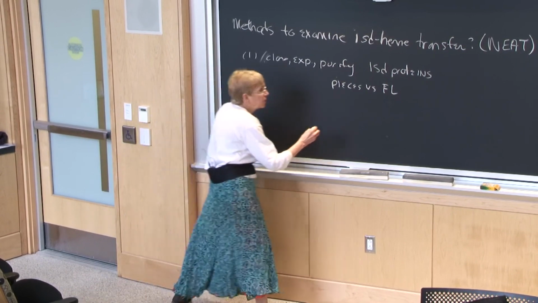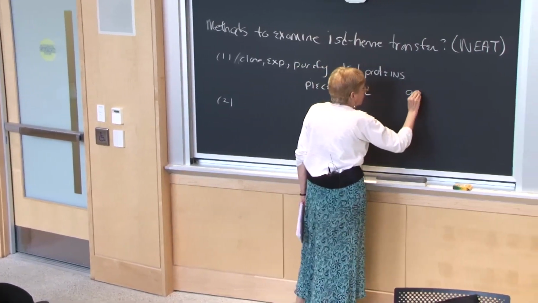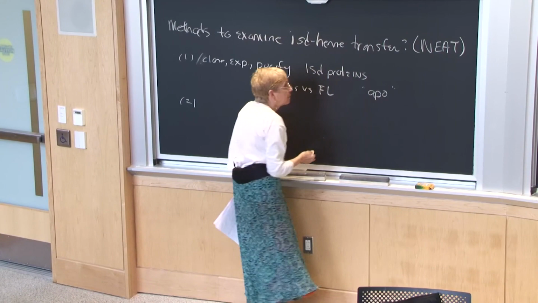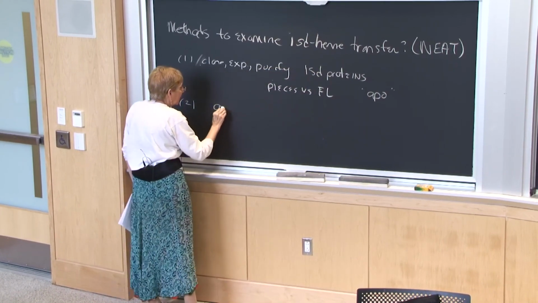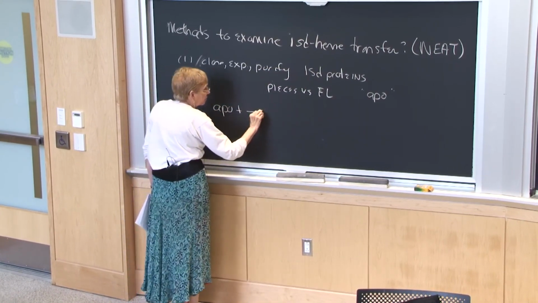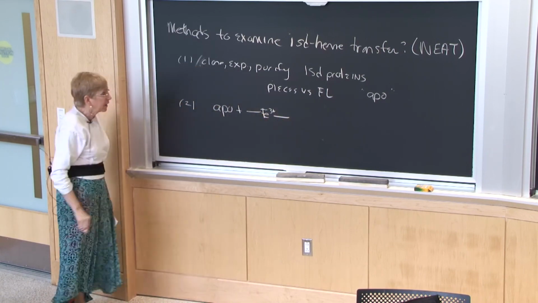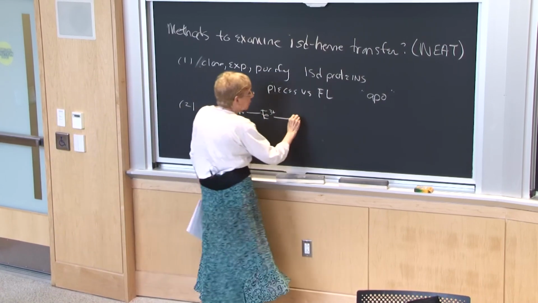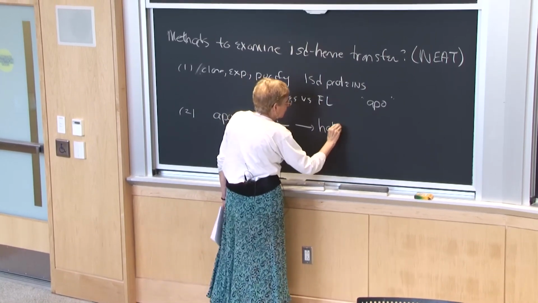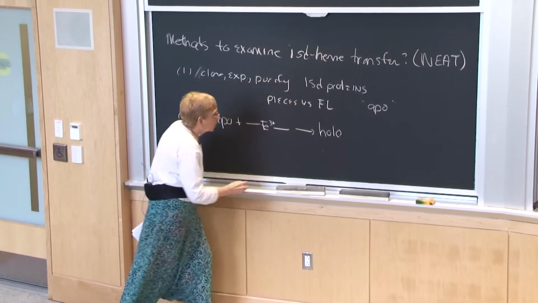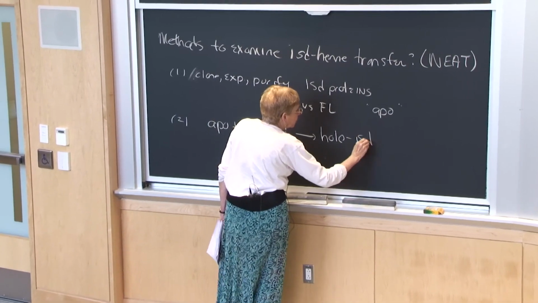So these come out to be apo. Then you need to add apo plus protoporphyrin 9 to get presumably holo, whatever ISD is.